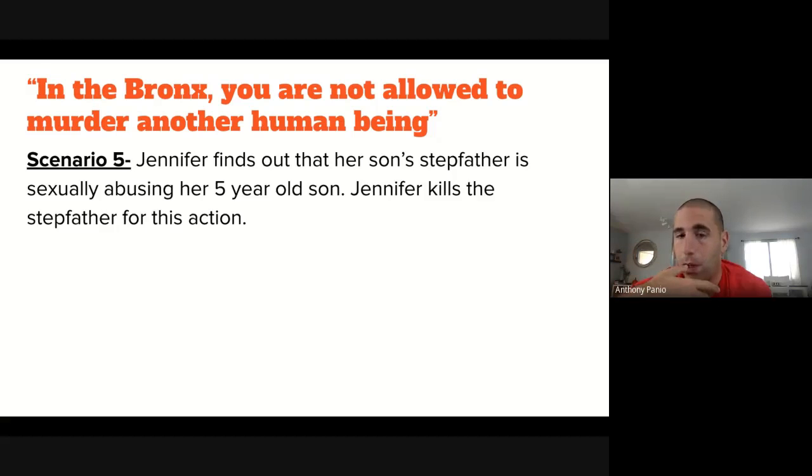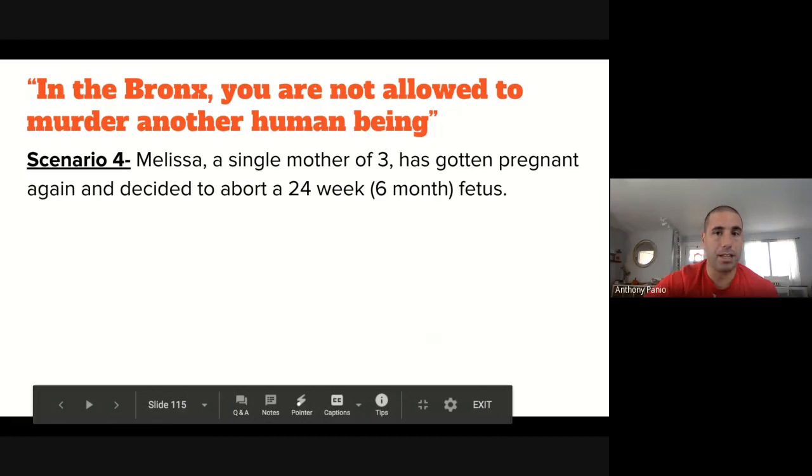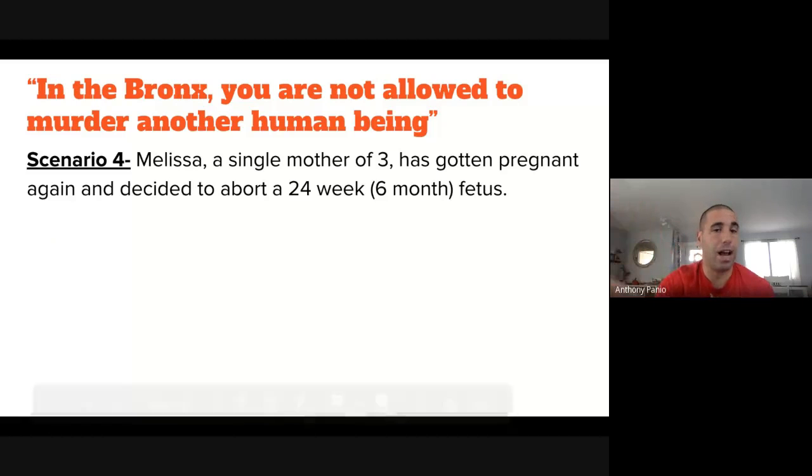So every branch of government is difficult, but the judicial branch has the tough job of figuring out if the laws are constitutional or not. So what happens is, and this is the key thing, the judicial branch takes a situation and a law and sets an example. Let's go back to scenario 4. Prior to 1973, Melissa could have gotten into big trouble for this.